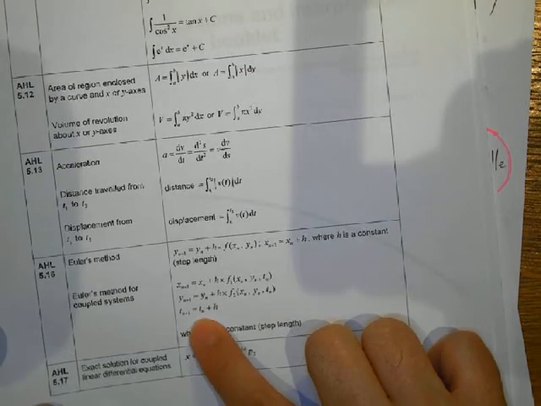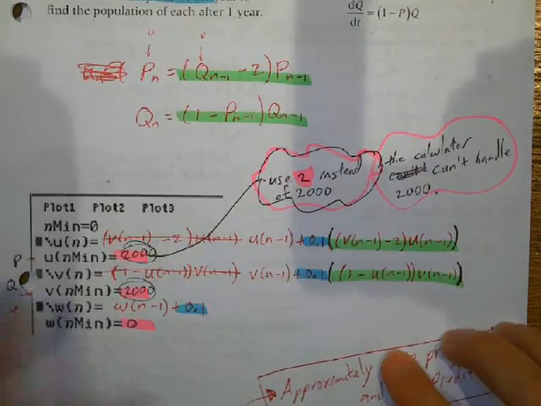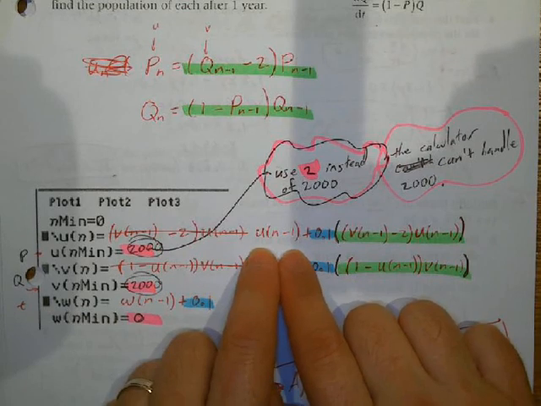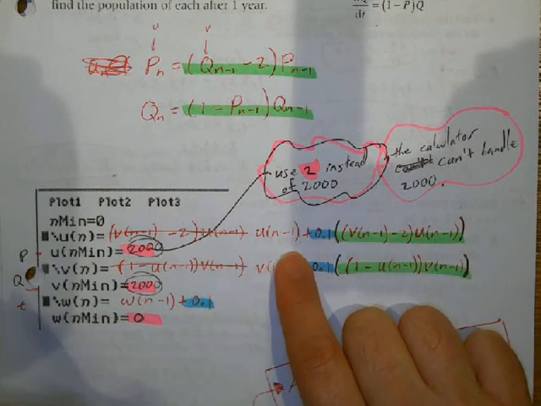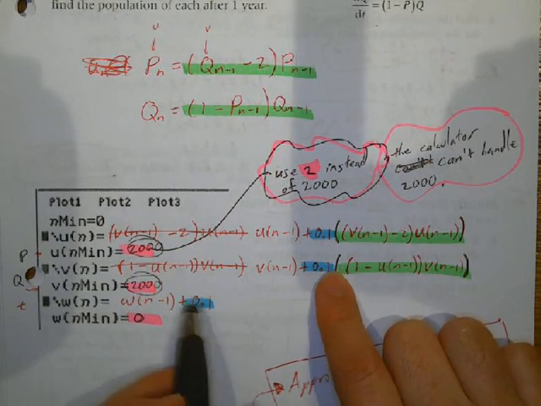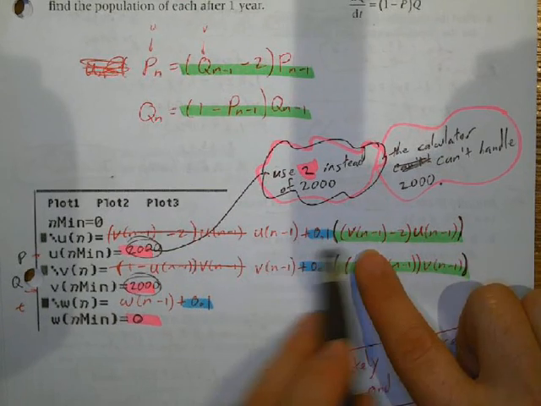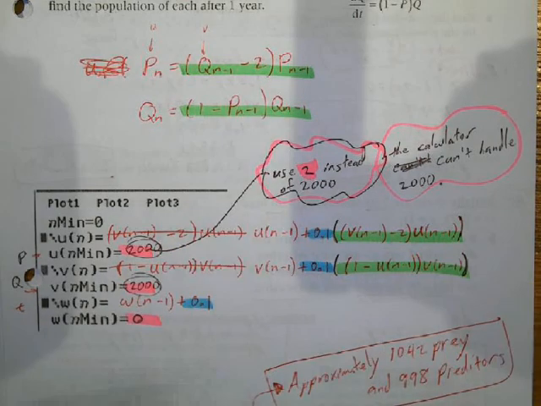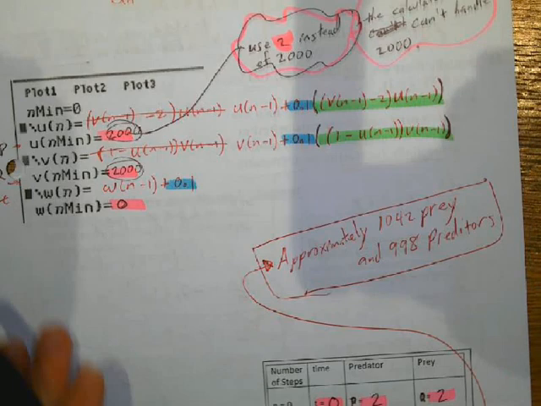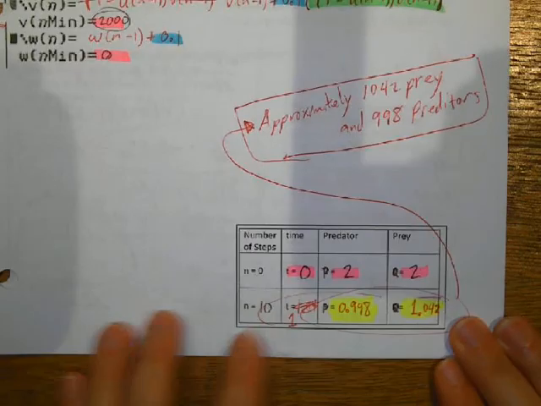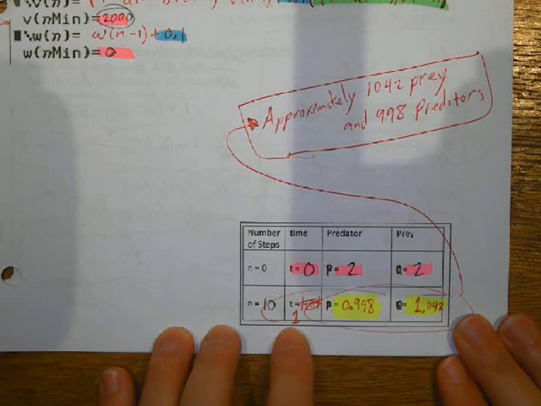And so I just wrote it this way. The h is 0.1, that's our step. And then I just rewrote this portion of the function right here. And when I typed it into my calculator, we got a step size of 10.